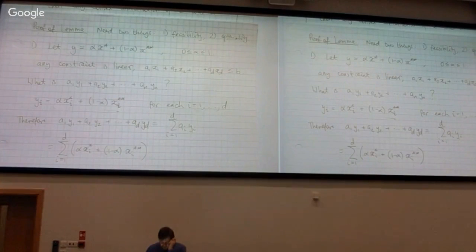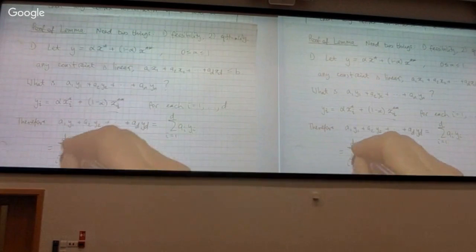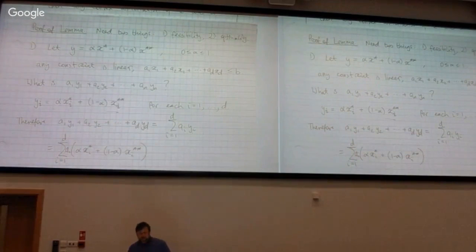I've lost something. Hang on. So now you can reshuffle the sums, expand the bracket, and put things in different places.